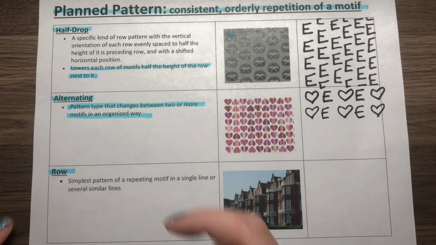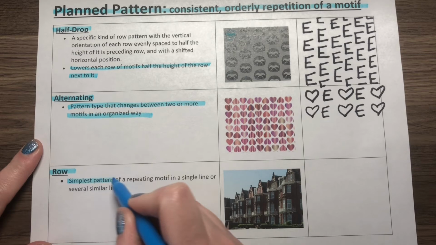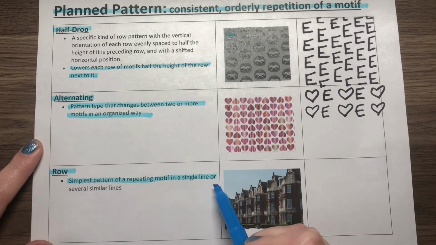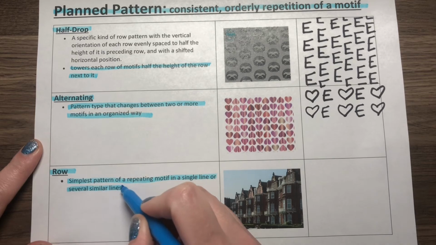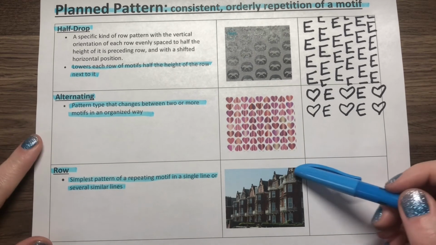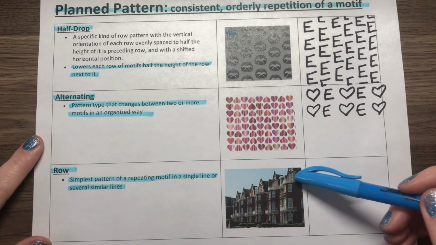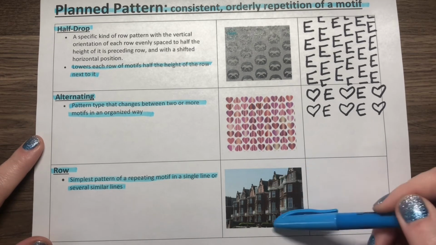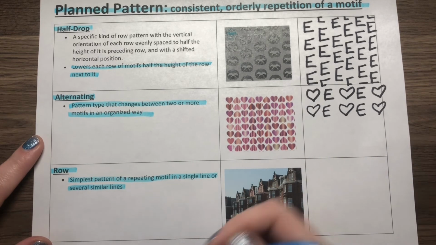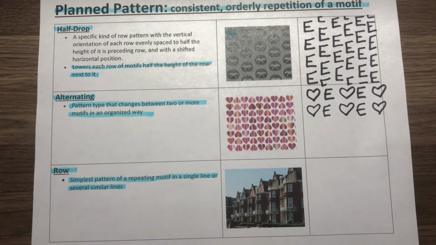So the last one that we're going to look at is row. A row is the simplest pattern of a repeating motif in a single line or several similar lines. Like this right here, if you're talking about a row of houses like this one, we've got the same kind of house all in one line, right?